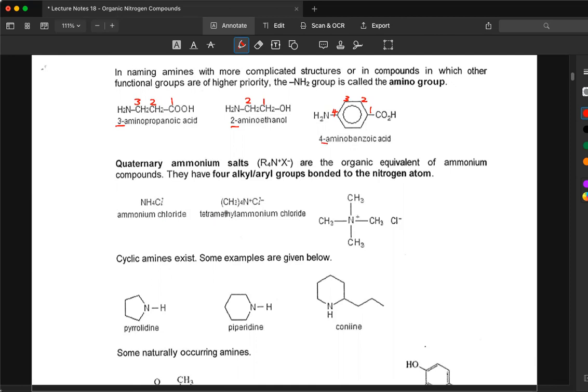Tetramethyl means you have 4 methyl groups. Like this. So this is tetramethylammonium chloride.